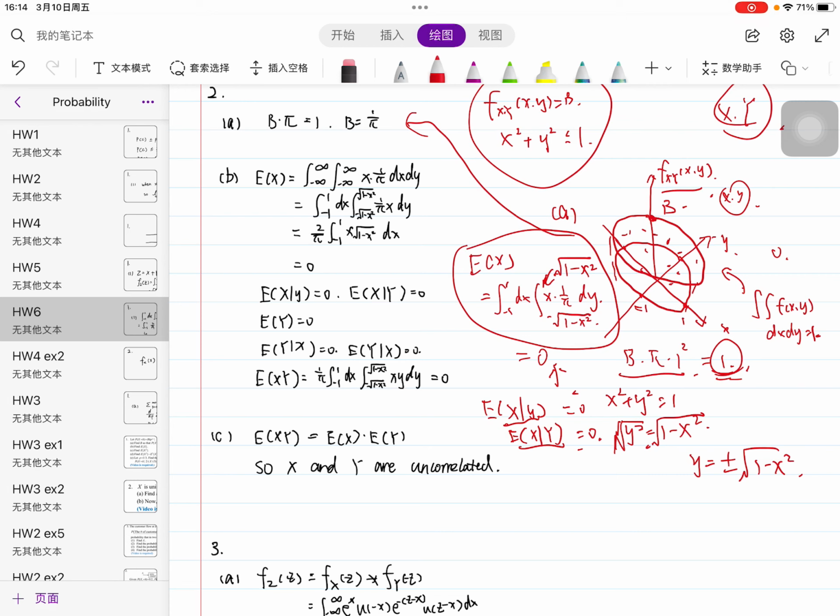What the difference is between these two: the first one is that the lowercase y here is a specific value. So based on the random variable y being equal to this small y, this specific value, this conditional expected value is equal to 0. But here the capital Y stands for the random variable. So they are different.